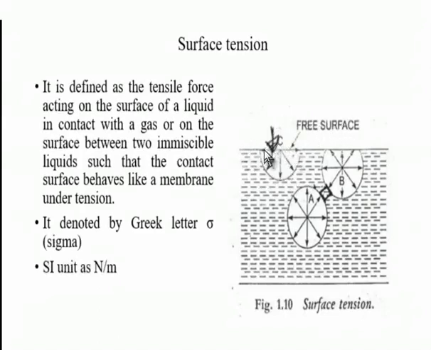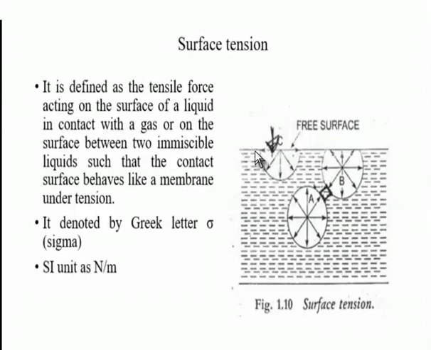That's why the particles present on this surface are subjected to surface tension. This surface acts as a membrane under tension, because the surface is in contact between gases and liquids.